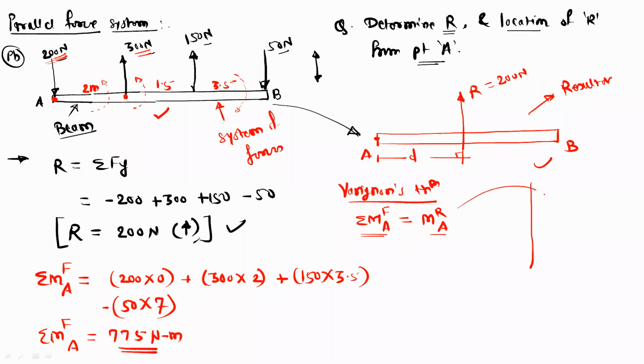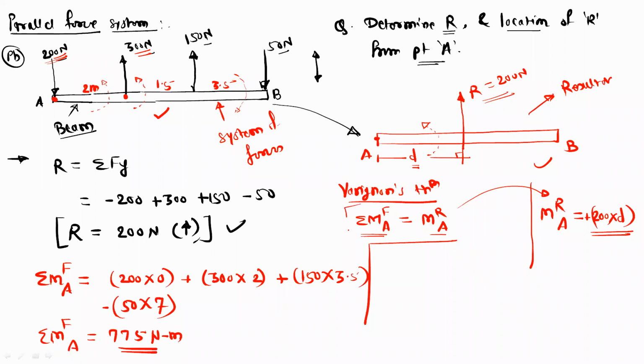And then find out the right hand side. So it is moment by resultant about the point A. So observe this diagram. Our resultant is 200. Distance D, which is to be determined, is D. And the sense of rotation, it is in the anti-clockwise direction, so it is positive. Okay. Now equate this equation with this value 775.